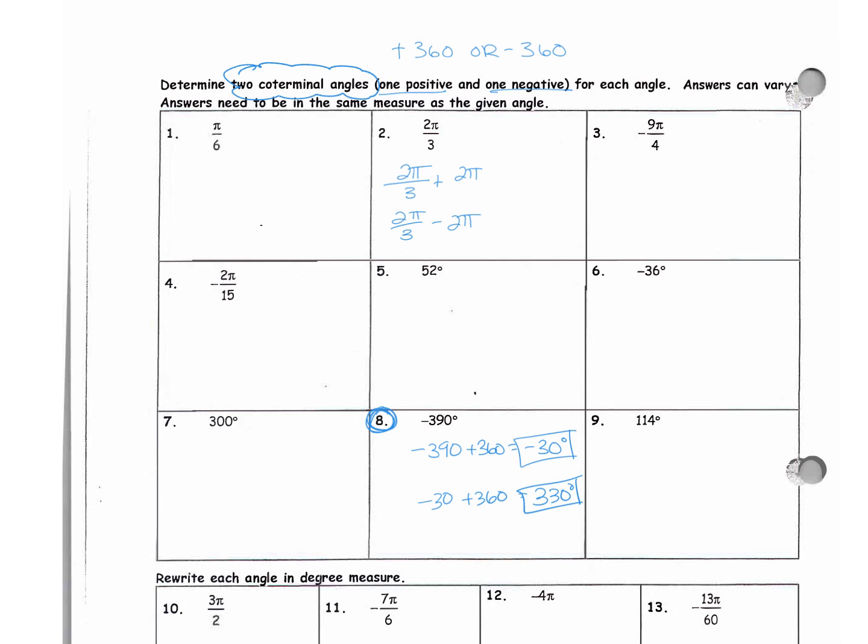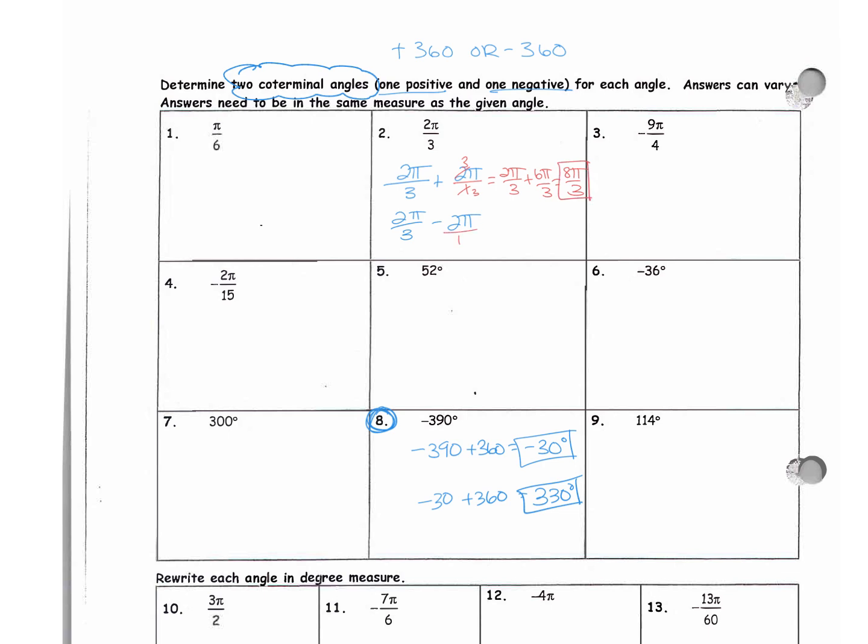But if you remember, back in the day, if I'm going to add fractions, I need a common denominator. So this is like 2 pi over 1. And if I want to get a common denominator of 3, I'm going to multiply both the top and the bottom by 3. It's really 2 pi over 3 plus 6 pi over 3, which gives me 8 pi over 3 as my positive coterminal angle.